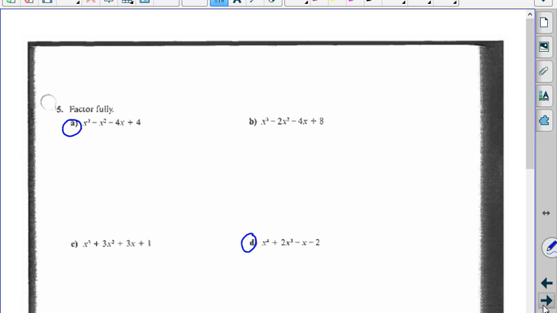Now you can go back and plug it in up here too. Try -2 in this one. So now plug it in. Still got this guy here. Try 1.